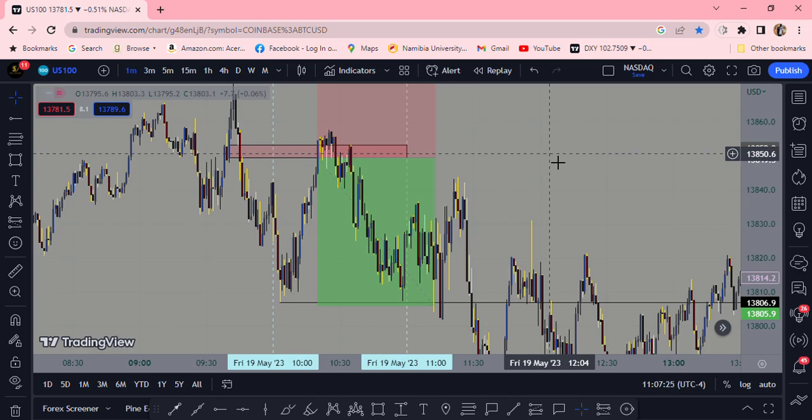So I only show up in the market around 2:30. At 2:30 I'm trading, but I don't have time to trade the London session. It's not my time zone. I like the AM session.